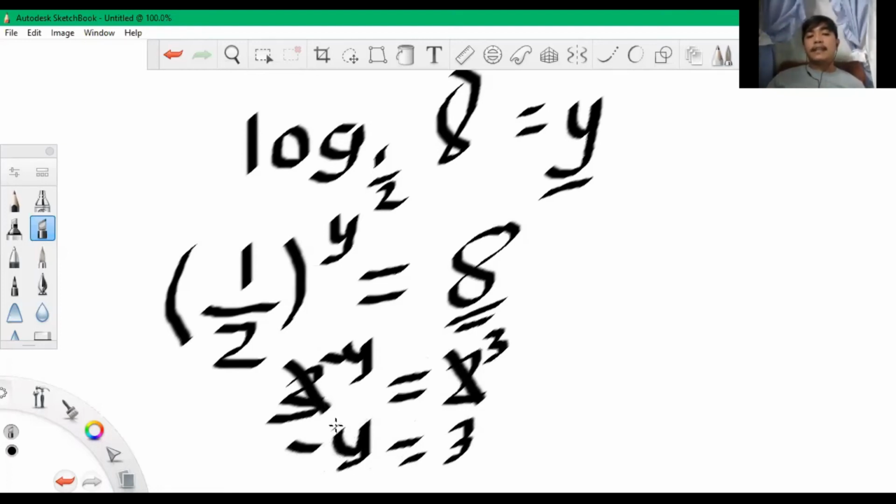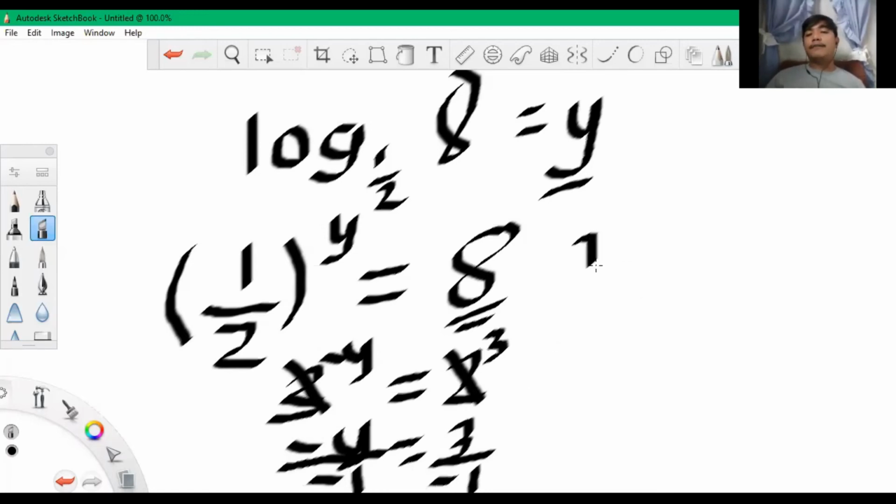Since it is negative and wala namang coefficient, numerical coefficient na katabi si y, automatically its numerical coefficient is 1. So we have to divide both sides by negative 1 para maging positive itong y na to. Since nag-divide tayo sa left side na negative 1, we have to do the same sa right side. So now, we have negative y divided by negative 1. Negative divided by negative is positive, and 1 divided by 1 is 1.